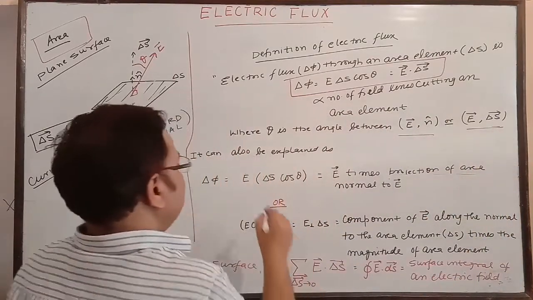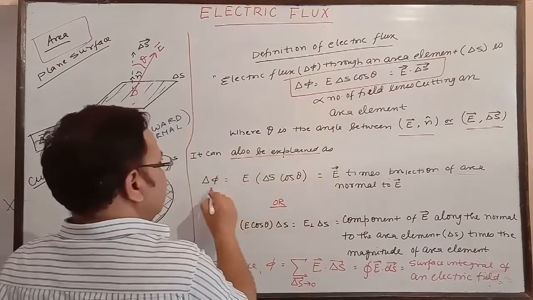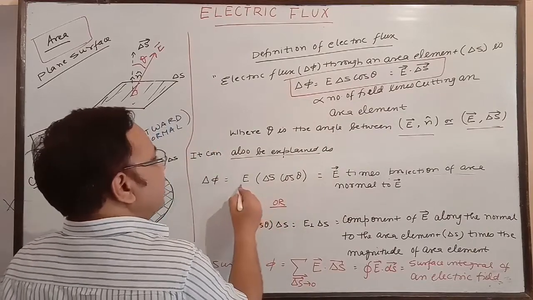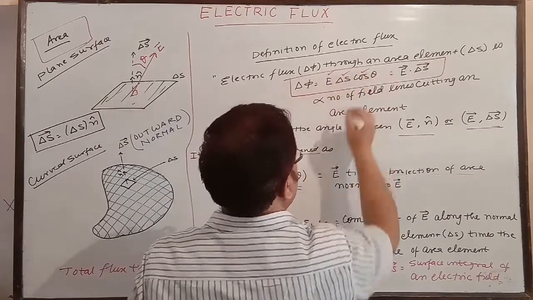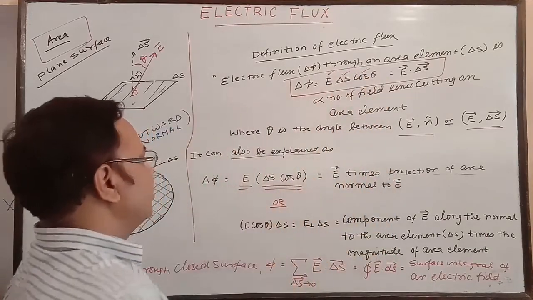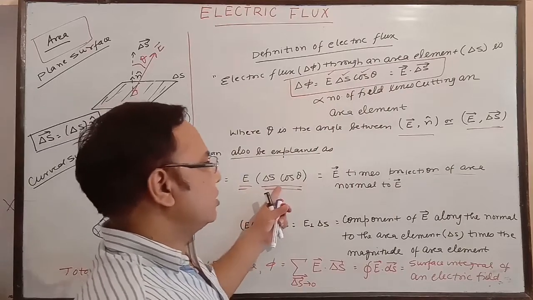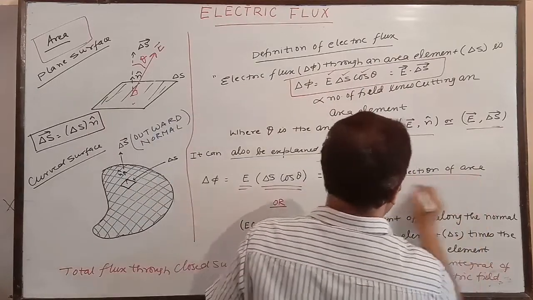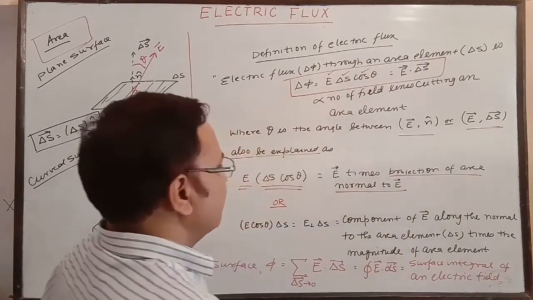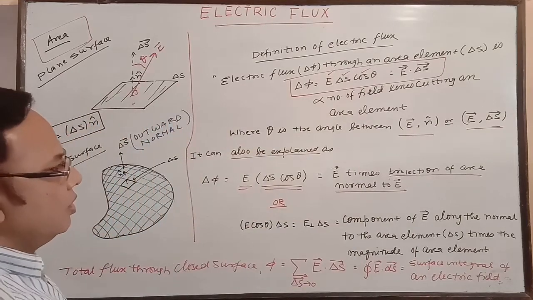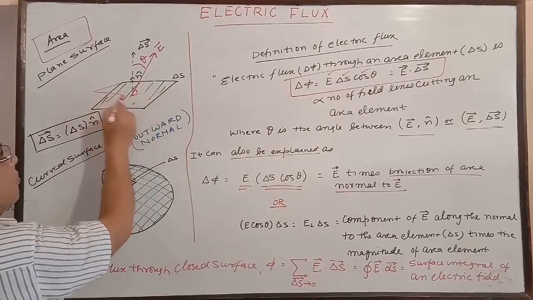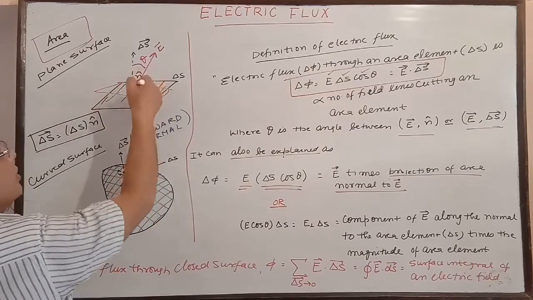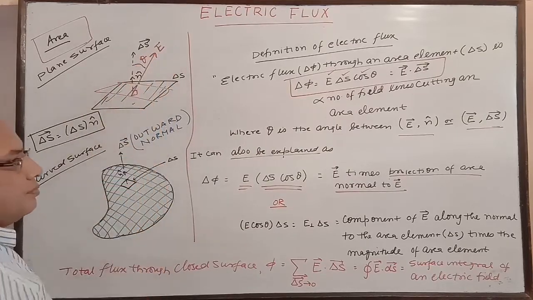It can also be explained another way: delta phi equals E into delta S cos theta. All three are scalars, so you can multiply in either way without any order. So delta S cos theta is nothing but the projection of the area normal to E. Projection of area normal to E means the component of the area which is perpendicular to the electric field.